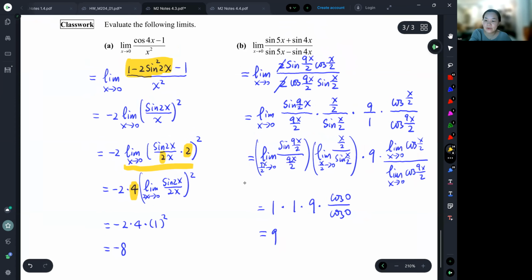Part B. Now you can see sum to product. You have to. And then you have sine, cosine, cosine, sine. Then you take out the sine and match it with x. You take out another sine and also match it with x. Because here you divide and multiply, later on to make it up, you will multiply and divide.